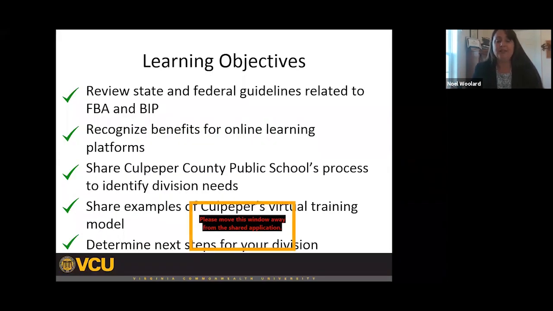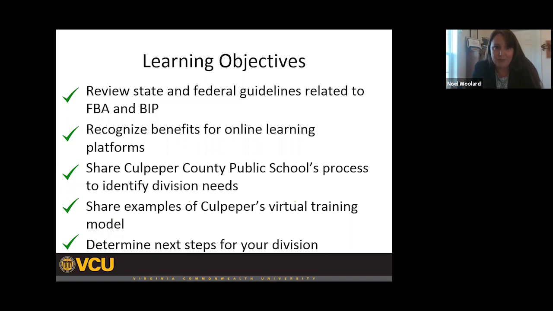The learning objectives that we're going to focus on today: we're going to briefly review the state and federal guidelines related to FBA and BIP. We're going to talk about some of the benefits related to online learning platforms. We're going to share the process that Culpeper County Public Schools took to identify their specific division needs related to functional behavior assessment and behavioral intervention planning.